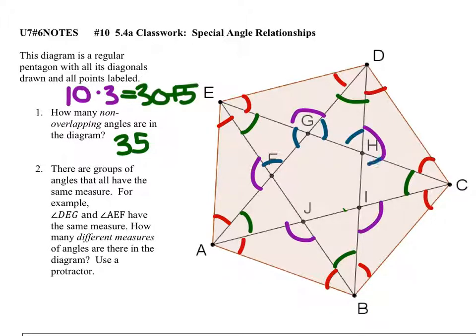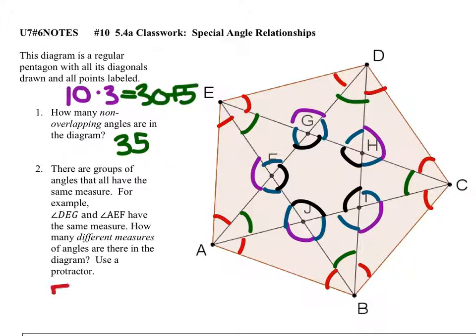So what are we up to? 4. And that takes care of all the triangles. And then finally, we also have these ones from this hexagon, and the pentagon in the middle, which gives us 5 different measures of angles.